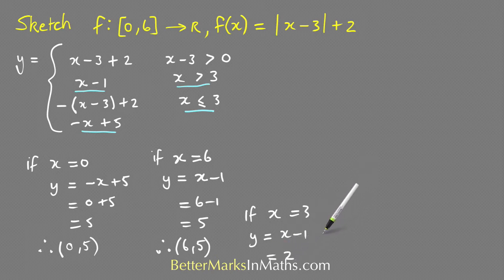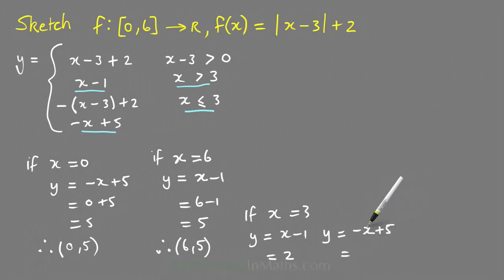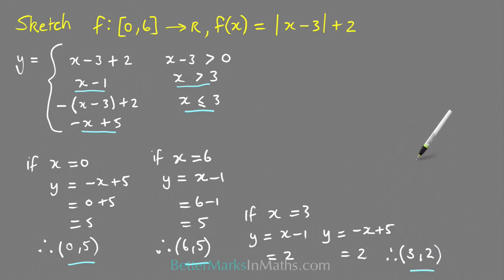If you sub it into the other function, you get y equals minus x plus 5, so that becomes minus 3 plus 5, which is 2. So either way, you get the point (3, 2). So those 3 points, (0, 5), (6, 5), and (3, 2), all belong to this absolute value function graph.